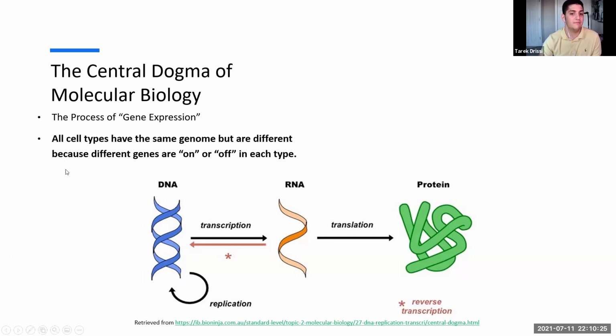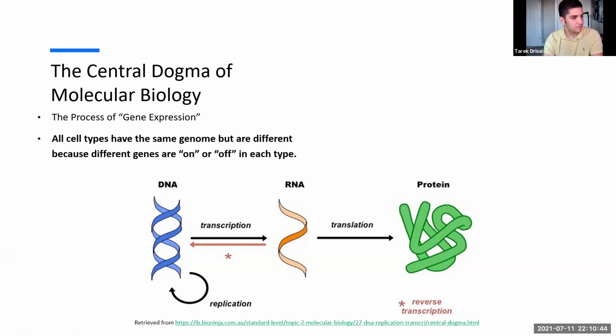All cell types have the same genome, but are different because different genes are on or off in each type. Let's think, like you said, about a brain cell versus a cell on your skin.